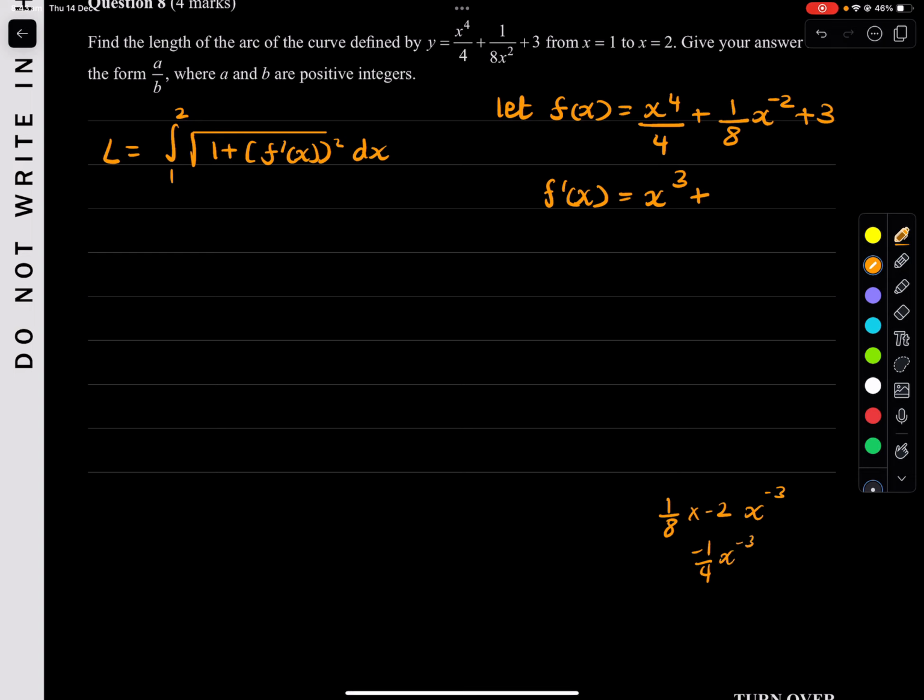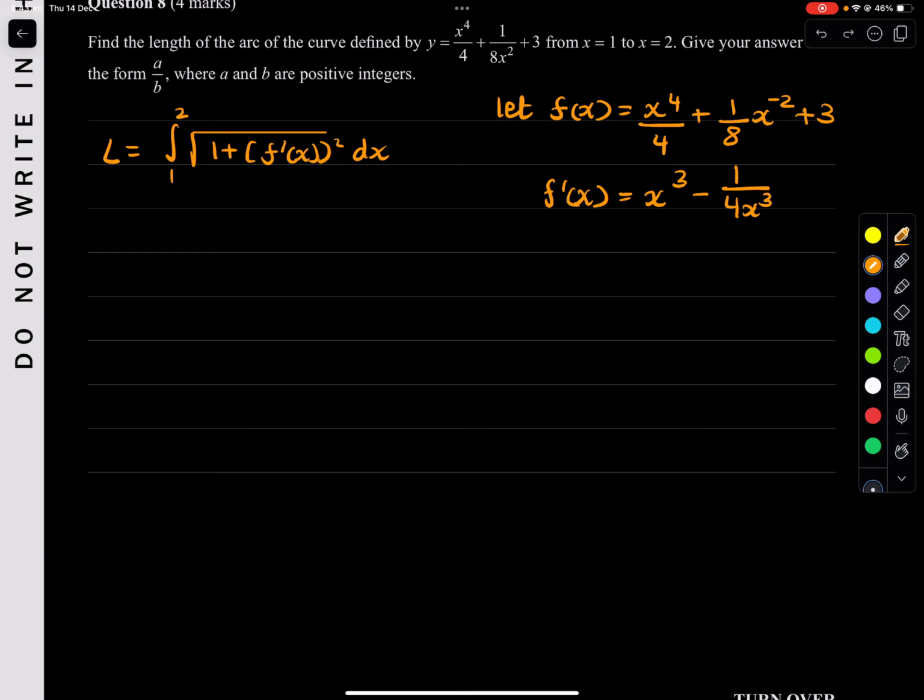So we can just write it as negative 1 over 4x to the power 3. Okay, that's good. And then the constant becomes 0 anyway. So okay, we got that.